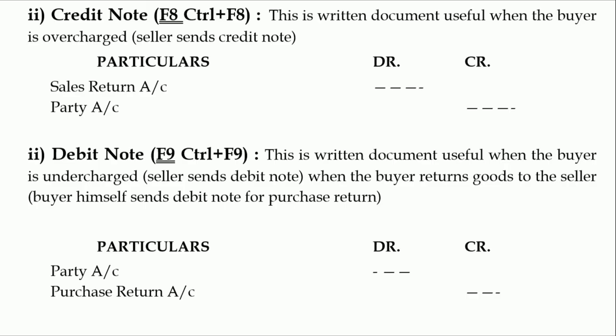Since creditor means when he sends the items, there will be a credit, and debit to party, and when he returns, party account debit and purchase return account credit. Okay, so it will be a reversed process. Remember, credit note is for the sales return, debit note is for the purchase return.